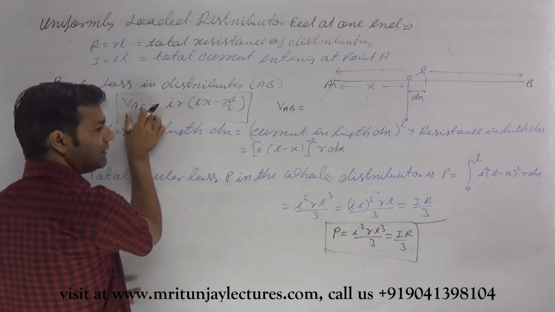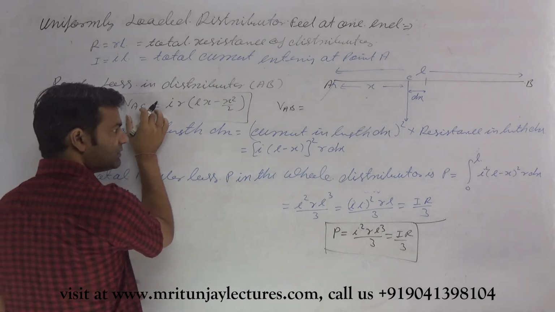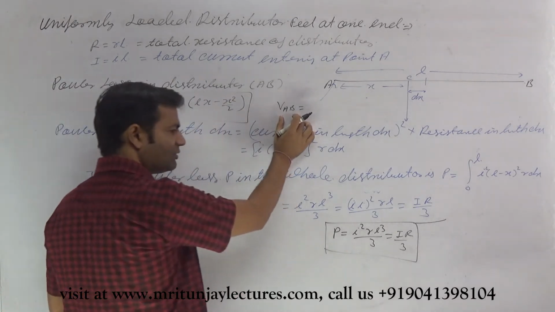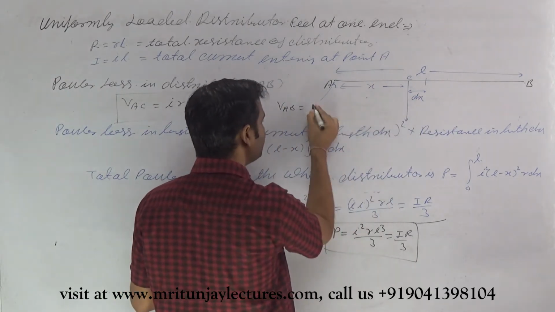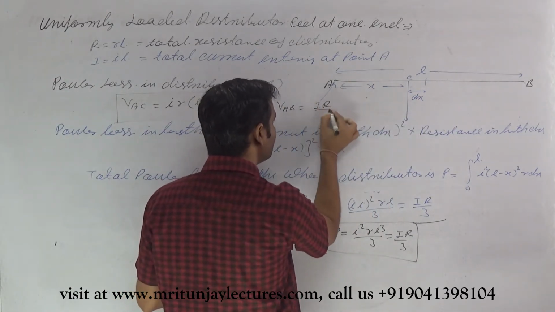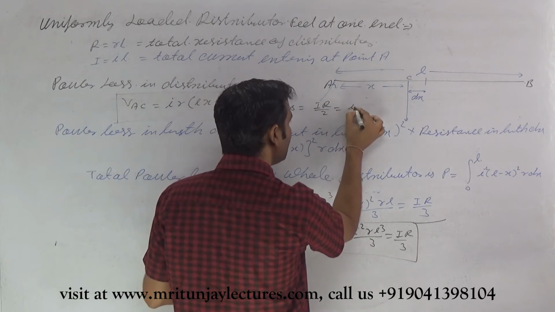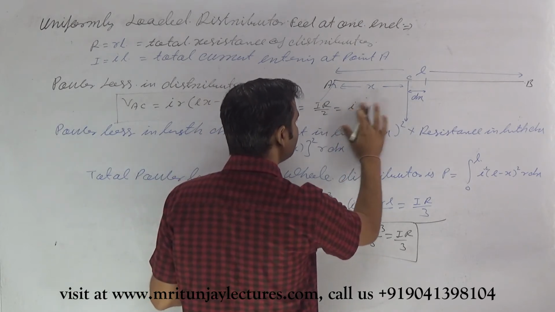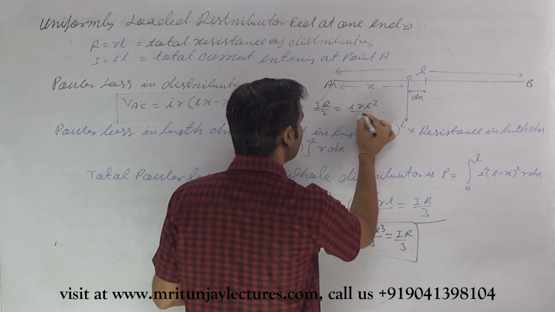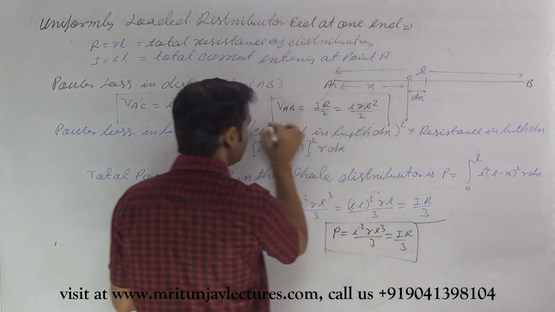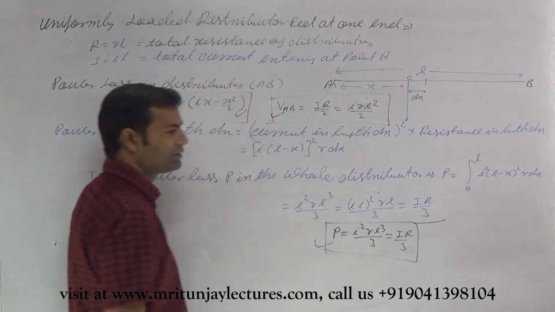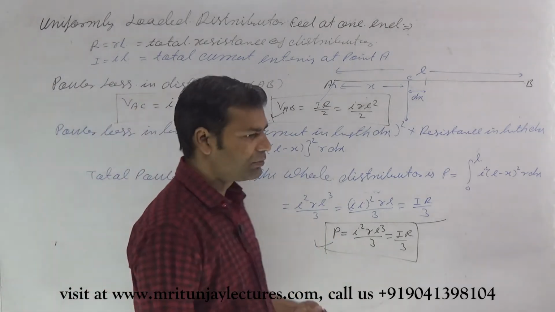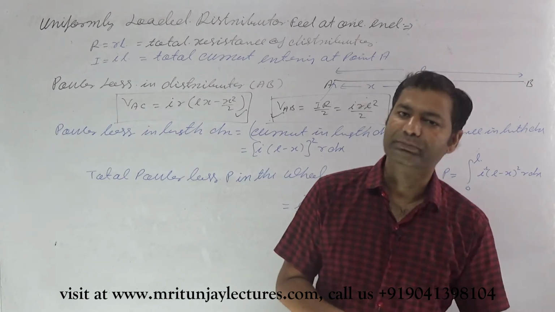This is the voltage drop corresponding to AC distributor, that is maximum voltage drop corresponding to DC distributor AB, that is I into R by 2, means I into R into L square by 2. These 3 formulas are very useful, this one and this one. So in these 3 formulas, use and solve all type of problems.